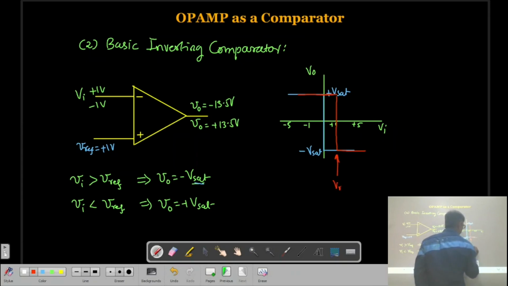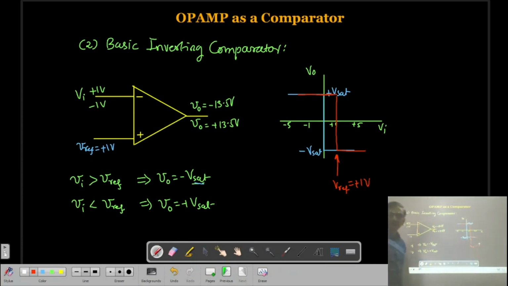My V reference is plus 1 volt. So the trip point will be changed. Here in an inverting comparator, your output will be totally the reverse of the non-inverting comparator.